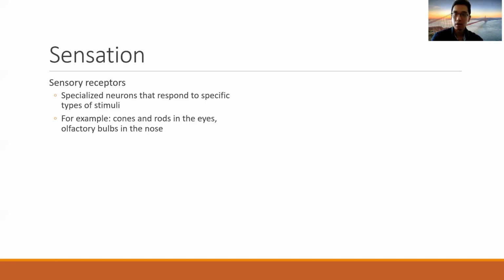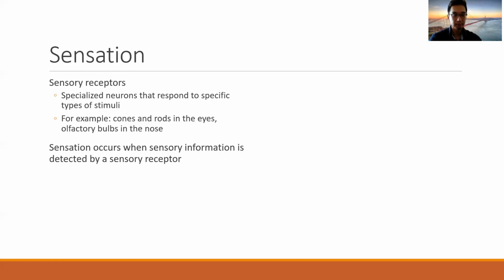That's why we can smell things. Those kinds of specialized neurons are called sensory receptors. It means that those are the parts that receive those senses. So those neurons are called sensory receptors.